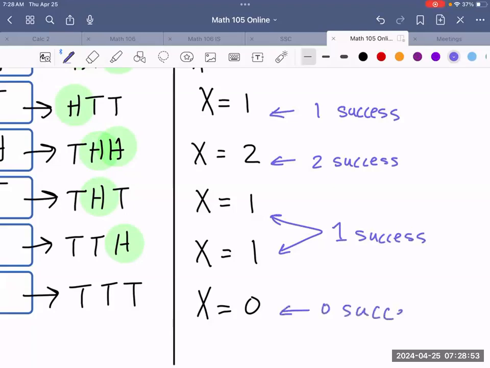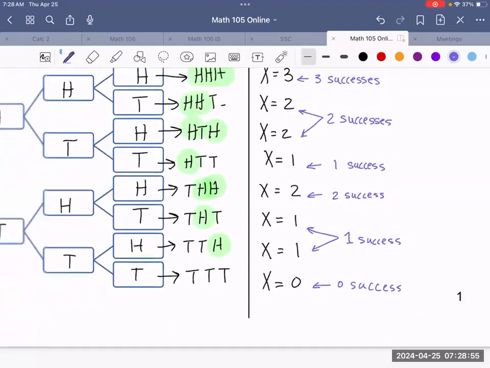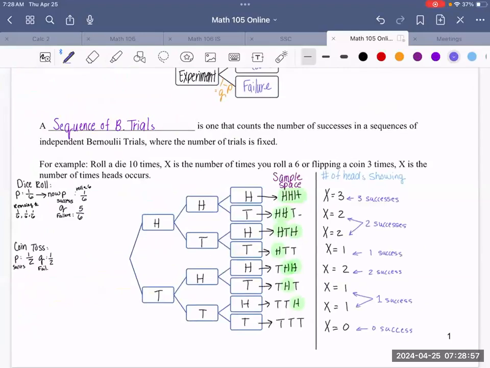There we go. Now you can certainly make a probability distribution as we've done before. It'll certainly look just the same, right?